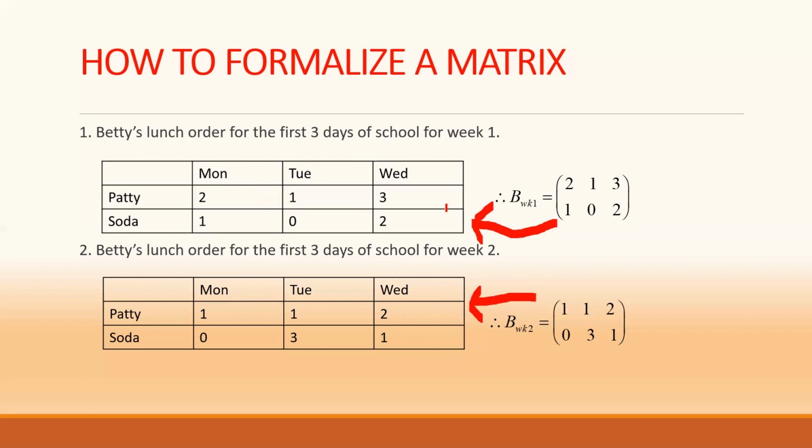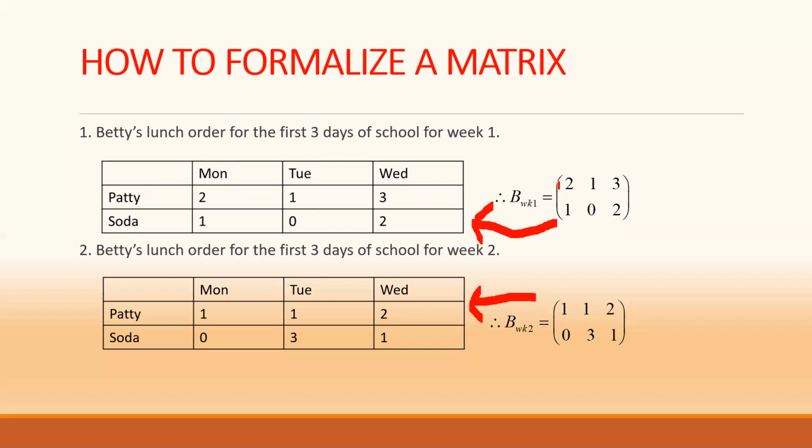So in representing the table in matrix form, right, whatever is in the rows of the table would be placed into the same row when you're writing it as a matrix. So here in this row from the table, we have 2, 1, 3.